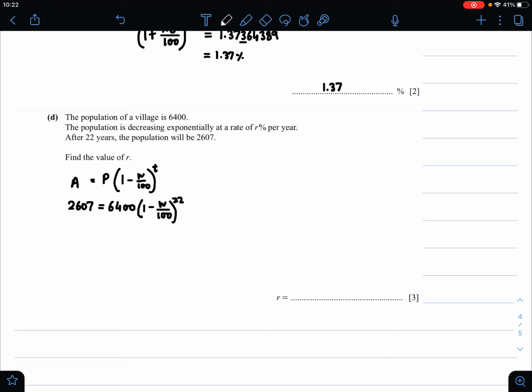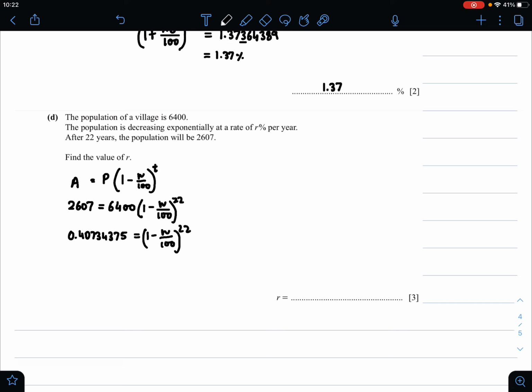Now all we need to do is solve for R. So let's take 6400 to the other side of the equation. 2607 divided by 6400 is equal to 0.40734375, which is equal to 1 minus r by 100 whole raised to 22.